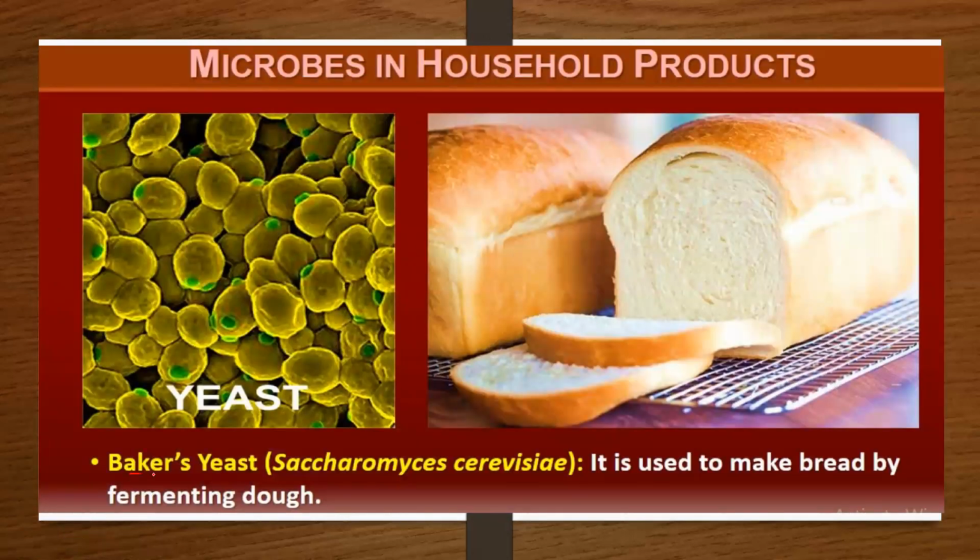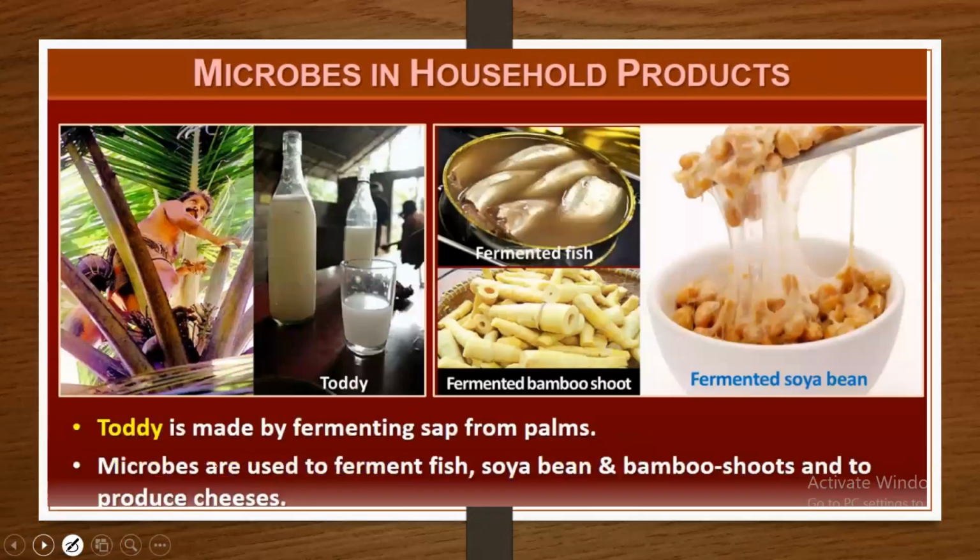In the same way, baker's yeast, that is Saccharomyces cerevisiae, is used to make bread by fermenting the dough. Then there is a traditional drink, toddy, that is made by fermenting the sap from the plant. Microbes are also used to ferment fish, soybean, bamboo shoots, and to produce cheese.